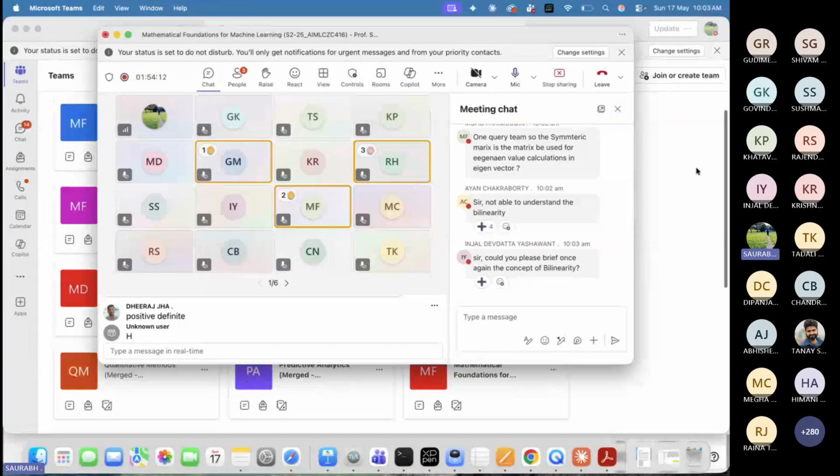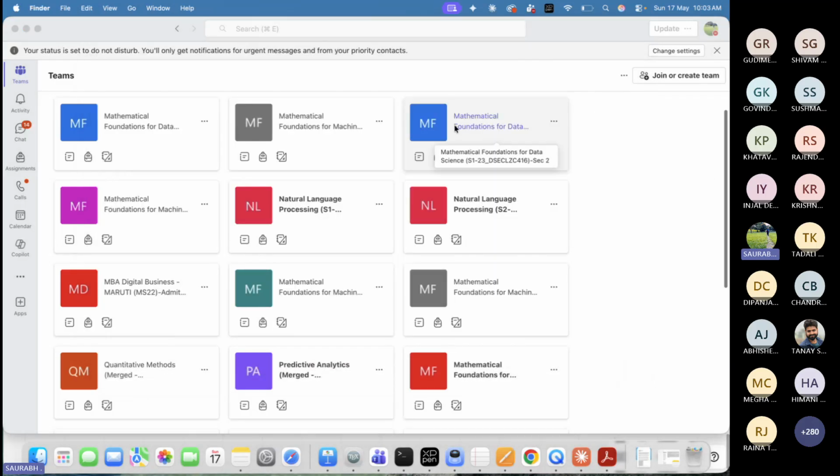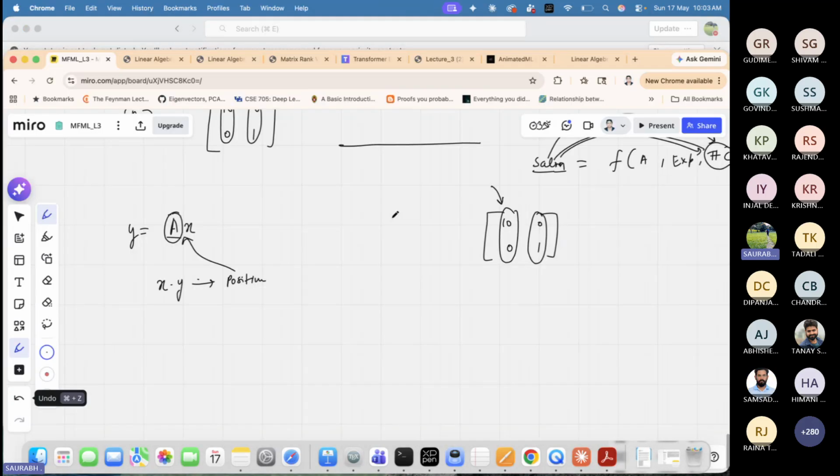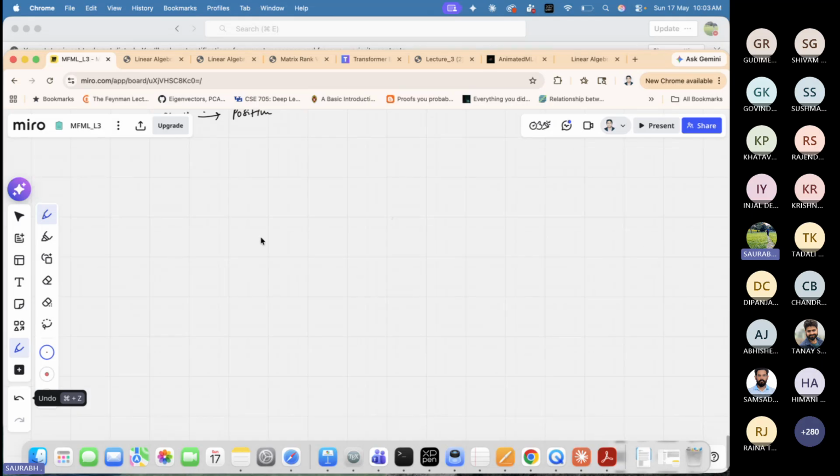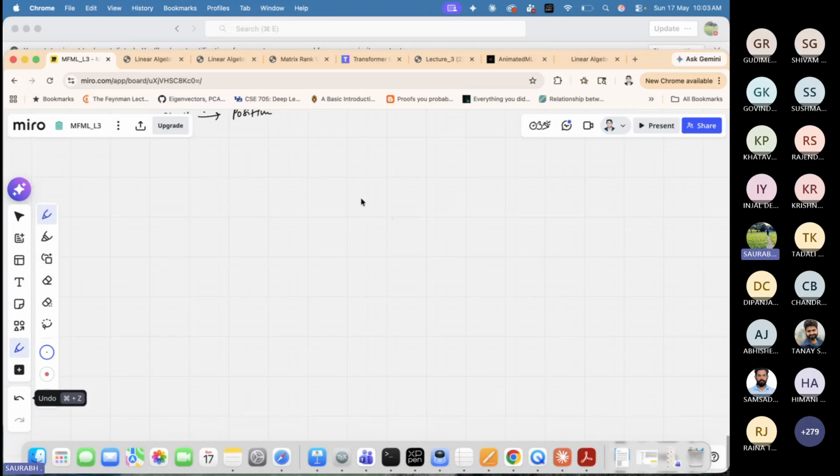Think of it as bilinearity is a simple idea. Bilinearity is just saying that inner products have to behave linearly with mixing.